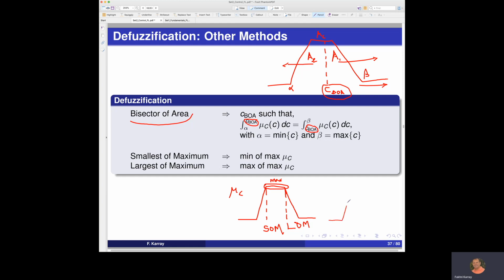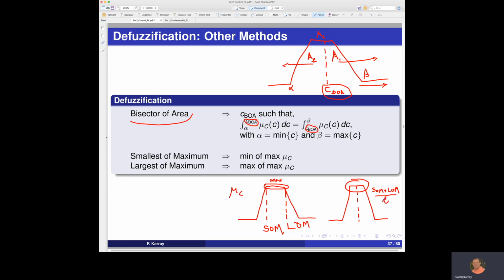So people have utilized the middle of the maximum. The middle of maximum is where that maximum value is taking place. It is taking place at the SOM plus LOM divided by 2.